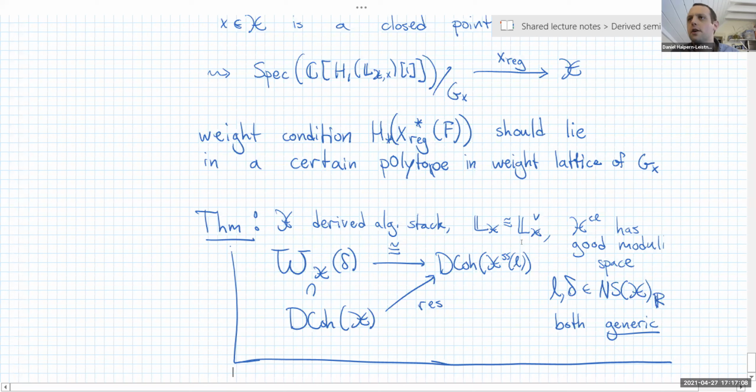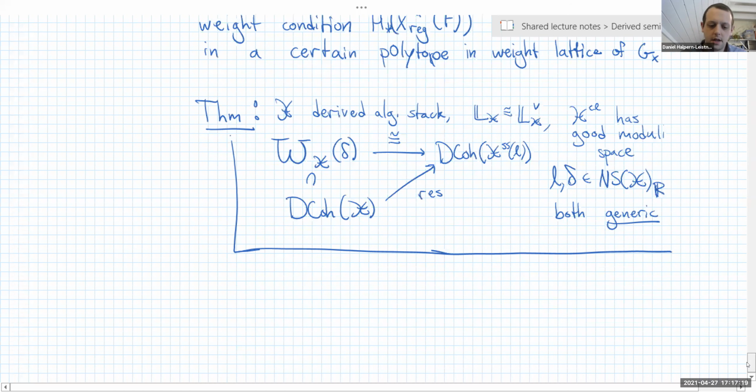But I'm not sure how much weaker it is. I only actually use a very small piece of it. Locally, it looks like a self-dual.